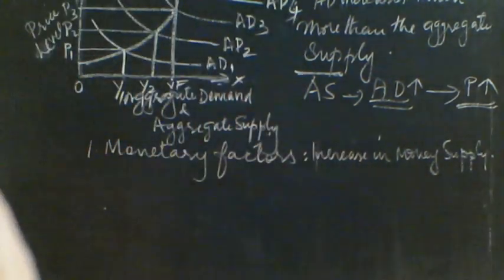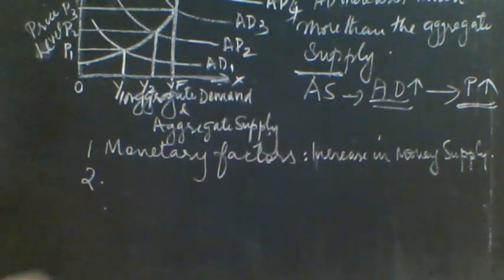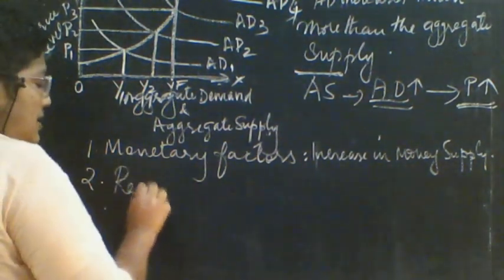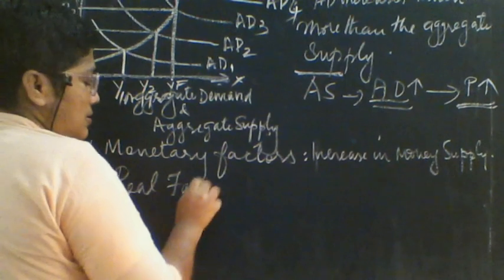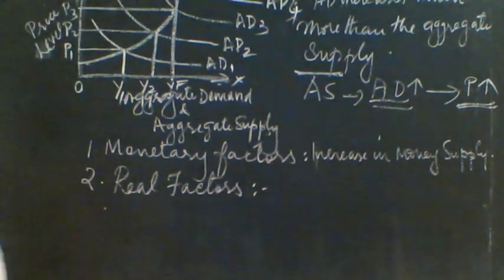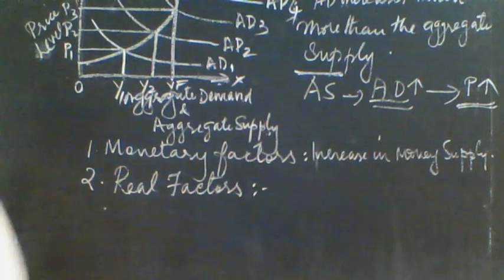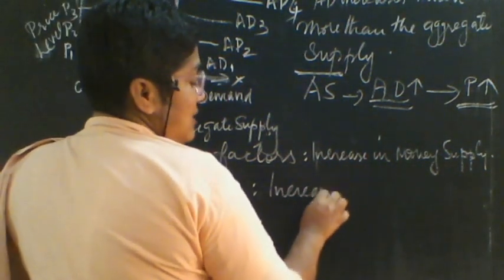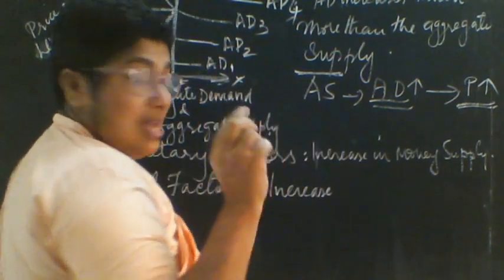The next one is real factors. Real factors are those factors that increase the demand for real output.